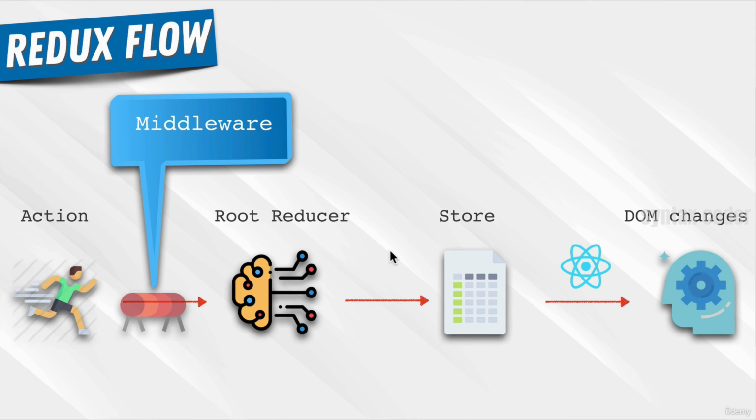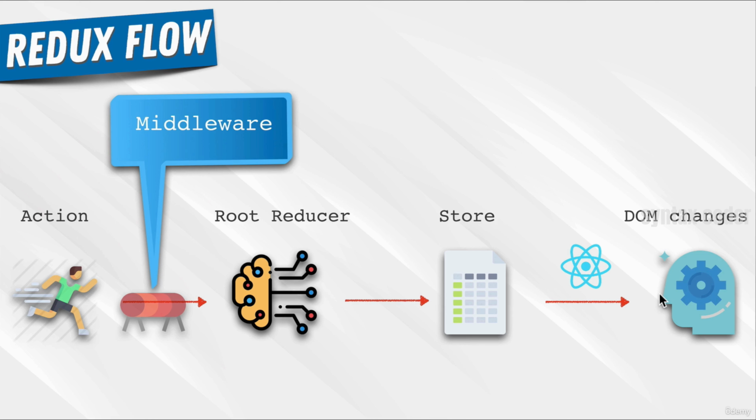So looking back at this diagram of how our actions flow through Redux in order to trigger changes inside of our DOM, we look at this flow of events. We have some action that goes into our root reducer, which then propagates changes into it, which update our store, and then our store finally results in DOM changes in the right components.